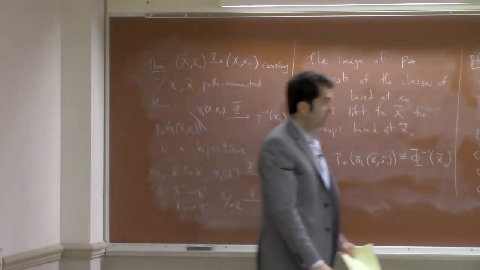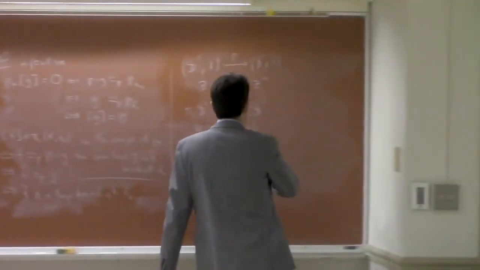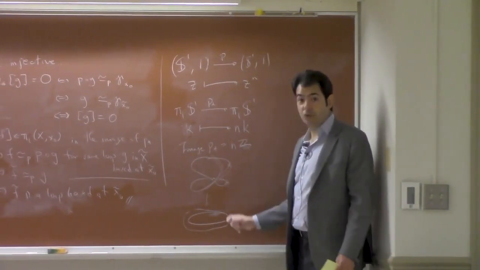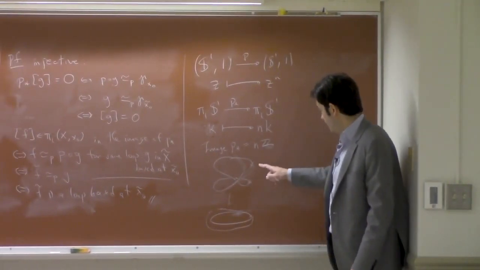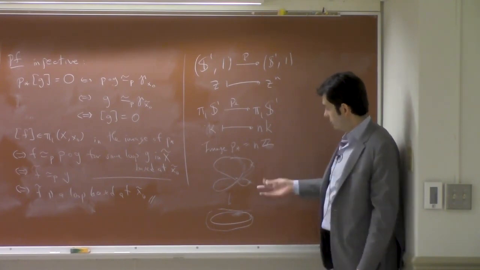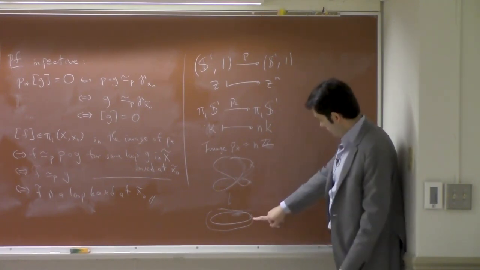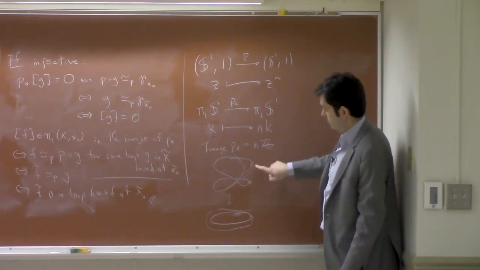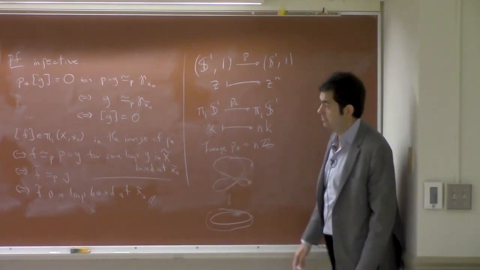So over here, where we had the case n equals 2, the image we saw was 2Z, and so Z mod 2Z would give us a group with 2 elements, and of course the inverse image of this point has 2 elements. So this is saying that that's no coincidence.